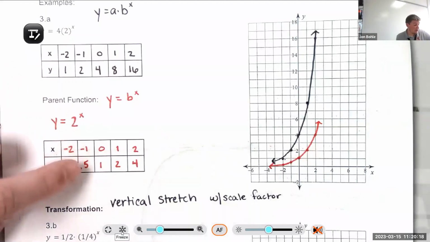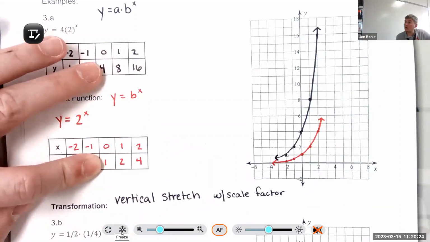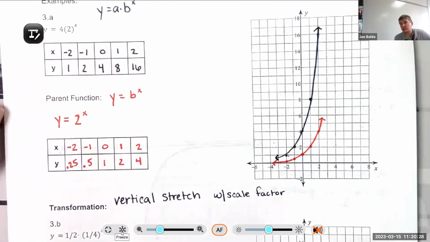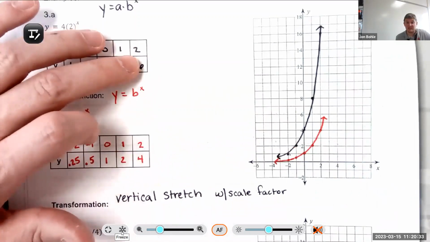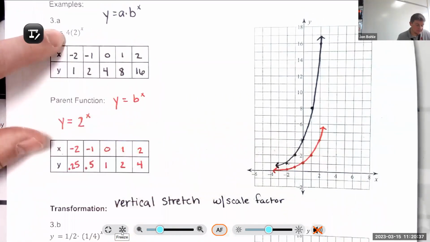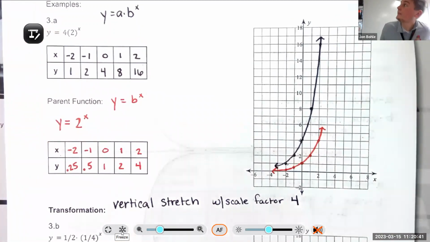Two? If it was two, wouldn't I have from 1 to 2 though? Because 1 times 2 is 2, but I have 1 to 4. It's not doubling because that would be multiplying by 2. What's the scale factor if I'm going from 4 multiplied by what number is 16? 4. And what's my A value? So that scale factor is 4.